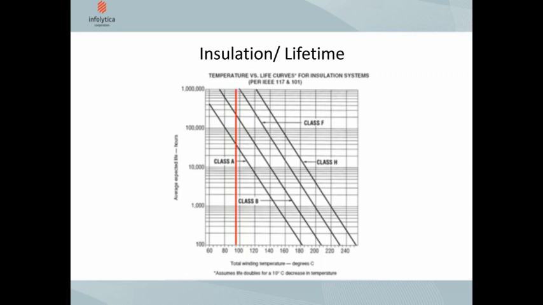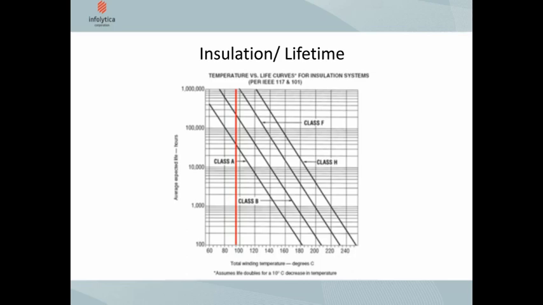If we look at the intersections of each of the classes, we will be able to assess the potential lifetime for the insulation. For Class A, the intersection occurs at around 35,000 hours. For Class B, it occurs at 230,000 hours. And for F and H, it's significantly above 1,000,000 hours. What does this mean to us?